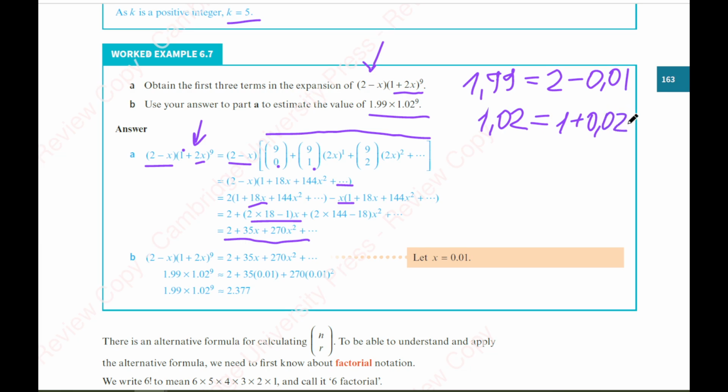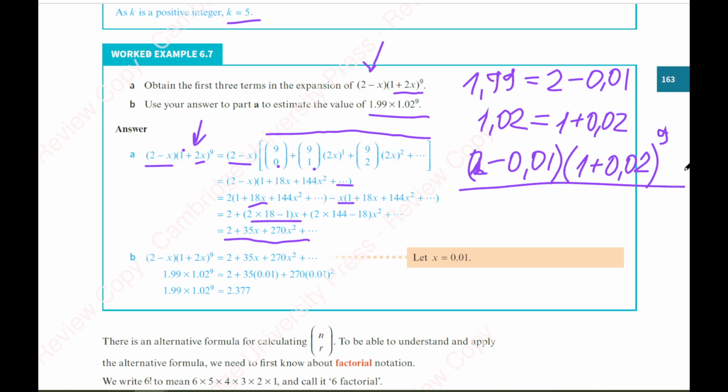And look why I'm writing like this, because if you want to write it like that, you can see that 1.99 times 1.02 to the power of 9 is basically 2 minus 0.01 multiplied by 1 plus 0.02 to the power of 9. And this expression resembles that one. Absolutely. And this is what we have to learn, why we use it, because it's for precision making. And this is like the first thing about the series.